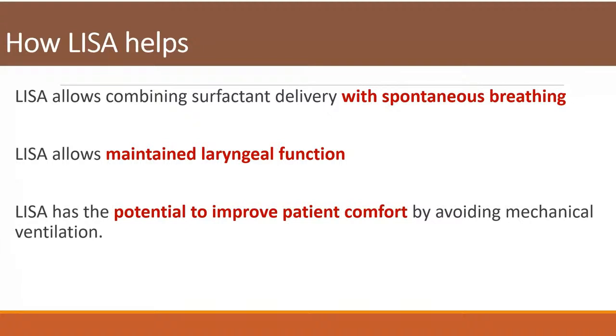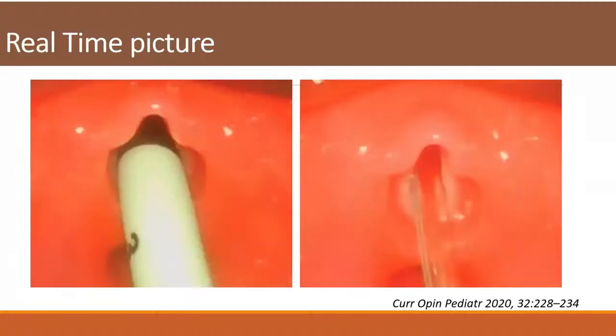And using these techniques for administering surfactant allows combining surfactant delivery with spontaneous breathing. And the LISA also allows maintaining laryngeal function and potential to improve patient comfort by avoiding ongoing mechanical ventilation. So this figure tries to contrast how the glottis looks with the endotracheal tube in situ versus the LISA catheter in situ.